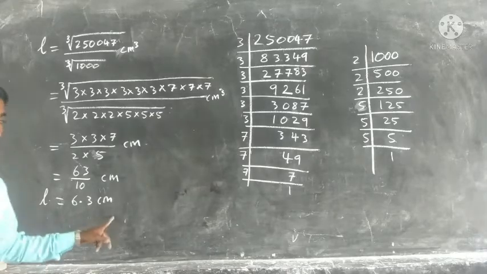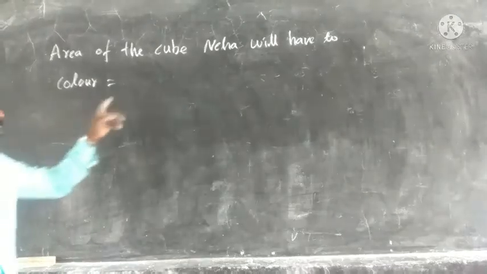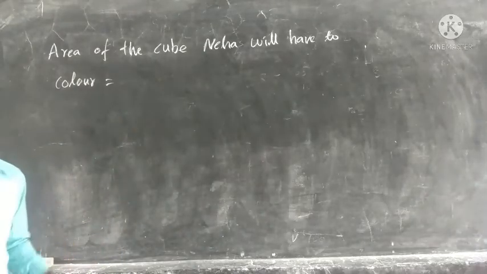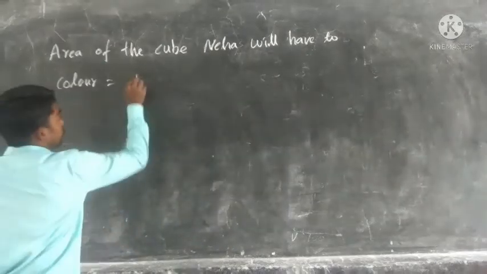By using its length, we are going to find area of the cube. Area Megha will have to color is equal to total surface area of sugar cube.